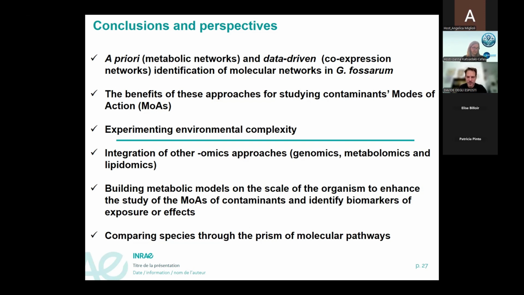And as perspectives, we would like to integrate other omics approaches, in particular genomics and metabolomics or lipidomics, and try to build metabolic models in order to enhance the study of the mode of action of contaminants, and identify biomarkers of exposure or effects. And of course, compare species through the prism of molecular pathways, as Carly has shown.